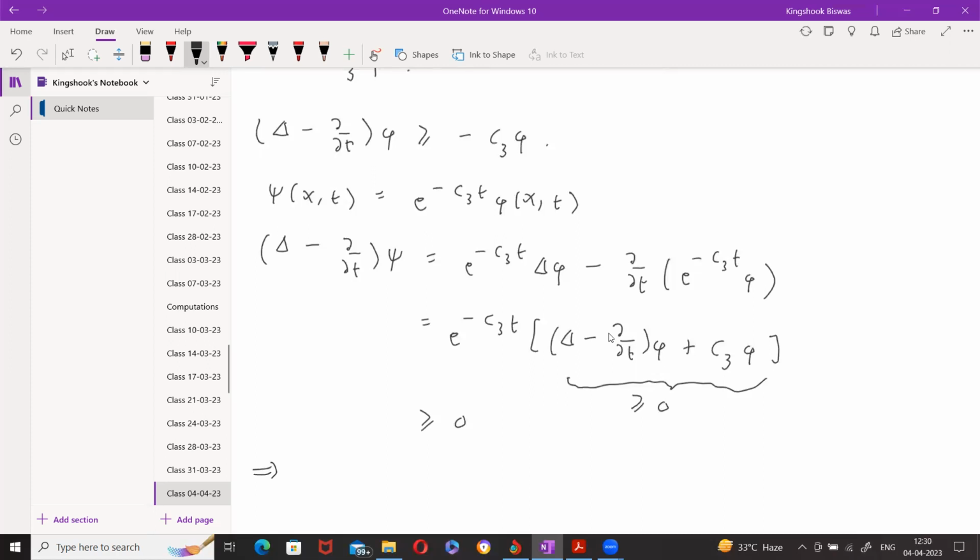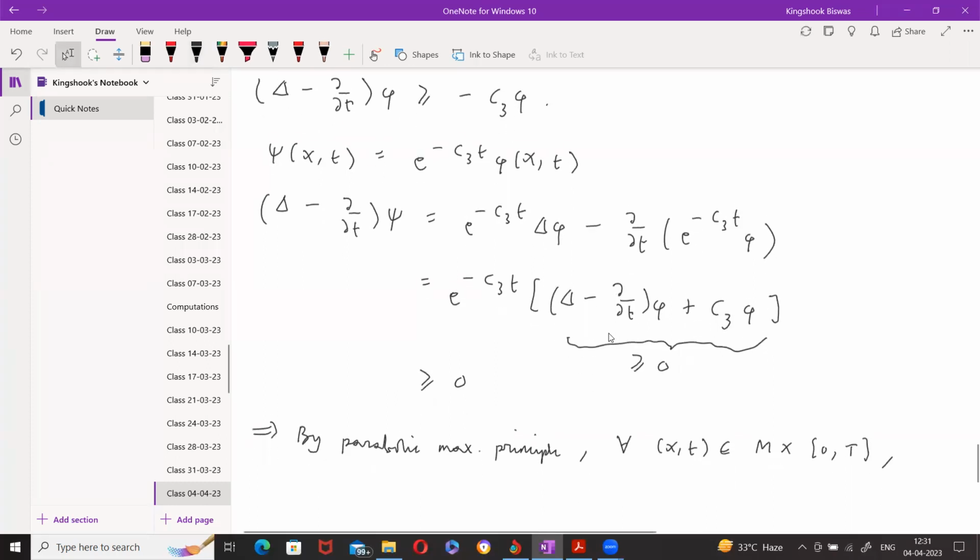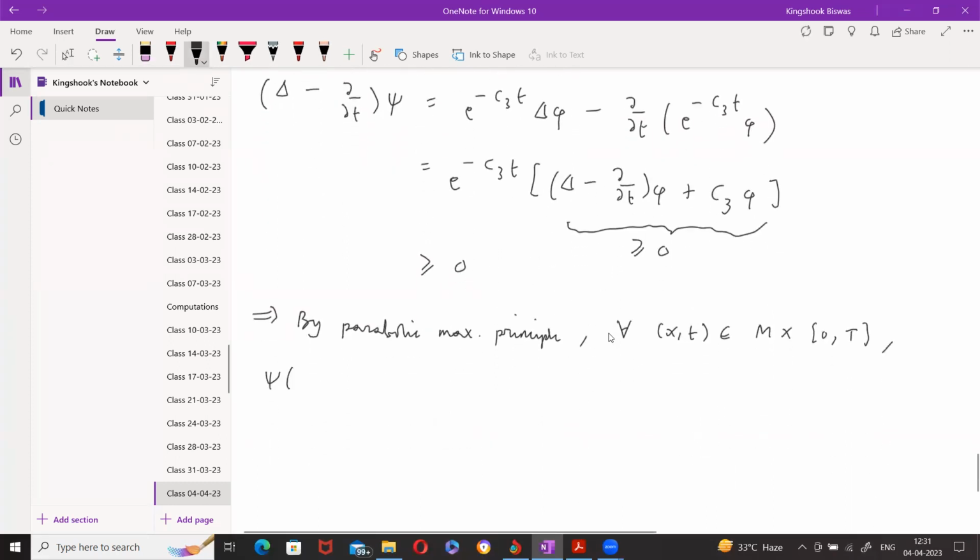And so that implies by the parabolic maximum principle, for all x,t in M cross [0,T], psi of x,t will be less than the maximum when t is 0.